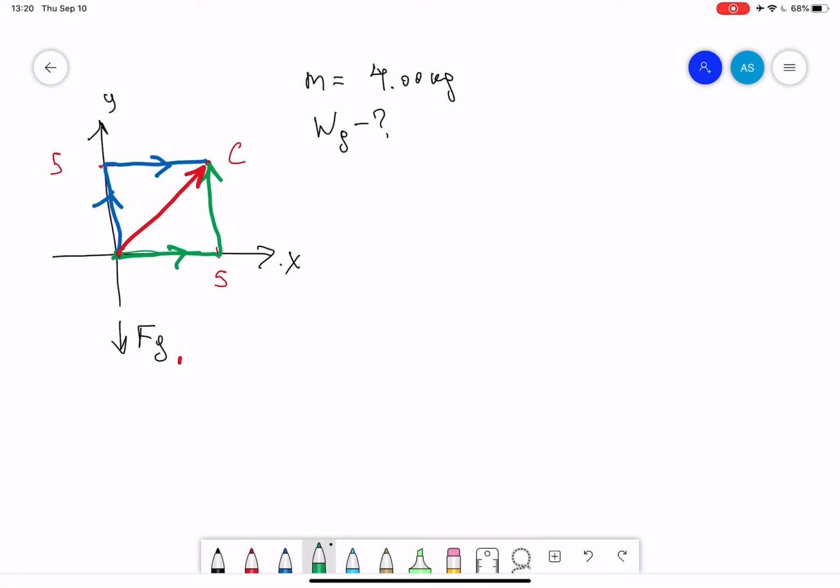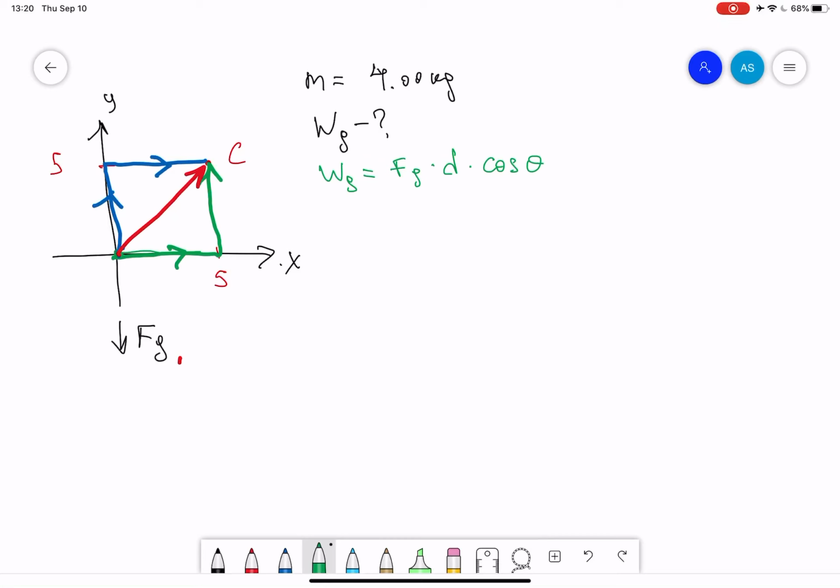We know that the work done by gravitational force is equal to Fg times the distance multiplied by the cosine of the angle between them, cosine theta, right?